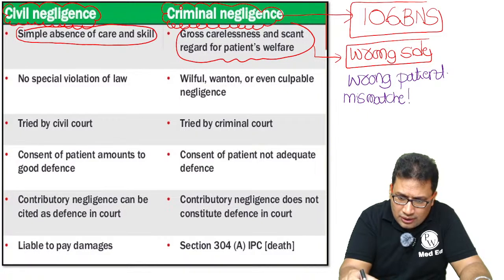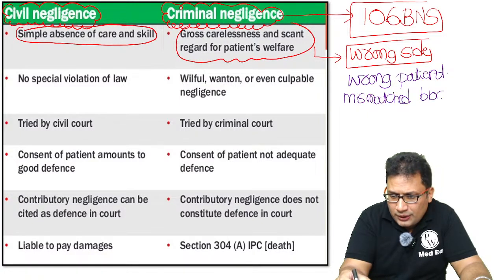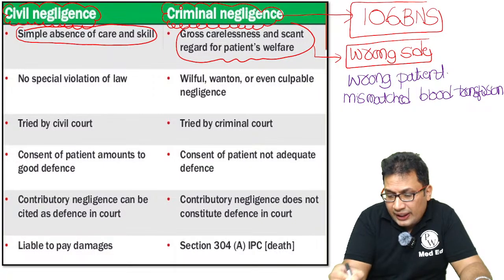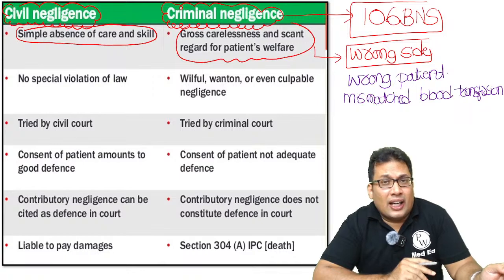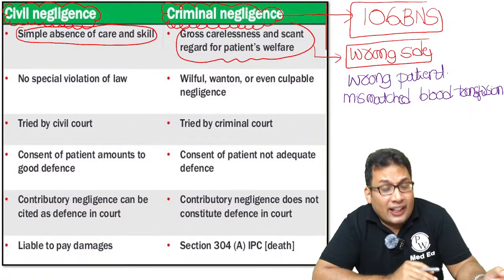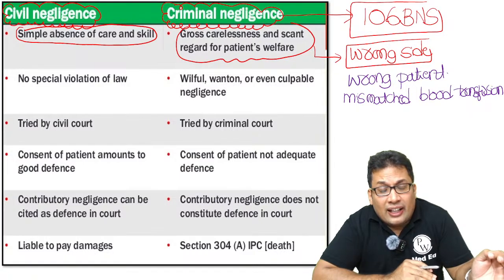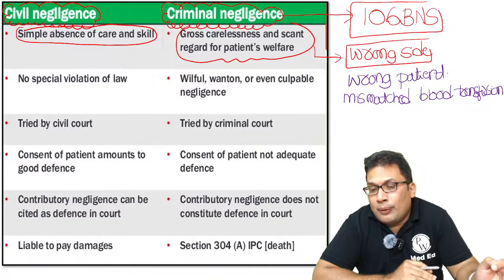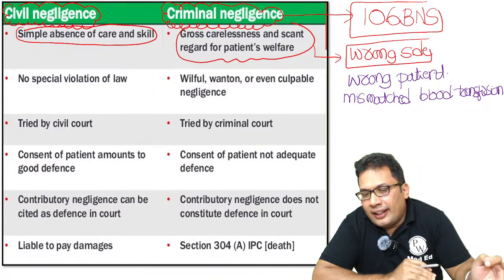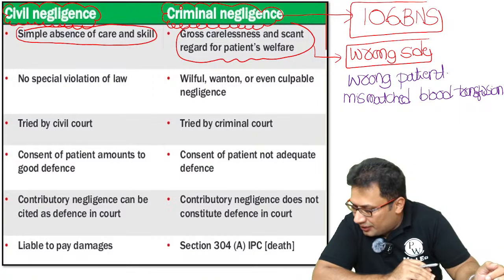Mismatched blood transfusion, which is definitely gross negligence, because it can lead to severe antigen antibody reactions and can lead to kidney failure and death of the patient. It can be an example for gross negligence.